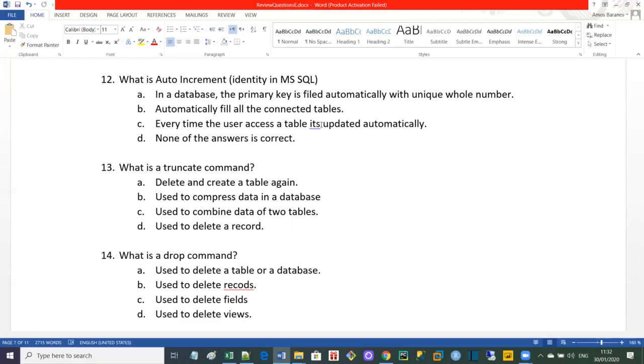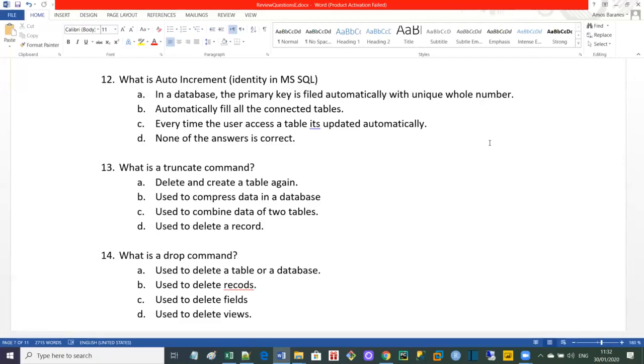That's what auto increment means. It's implemented in Microsoft by the word identity. Other databases use a different syntax, okay? But the idea is the same. So if I read answer A, that's the correct answer: in a database, the primary key is a field automatically filled with a unique whole number, okay?